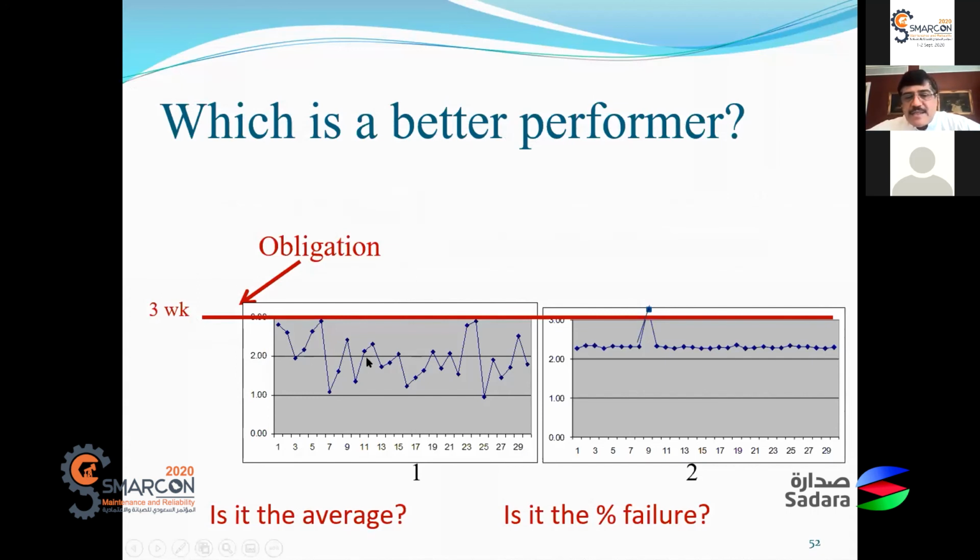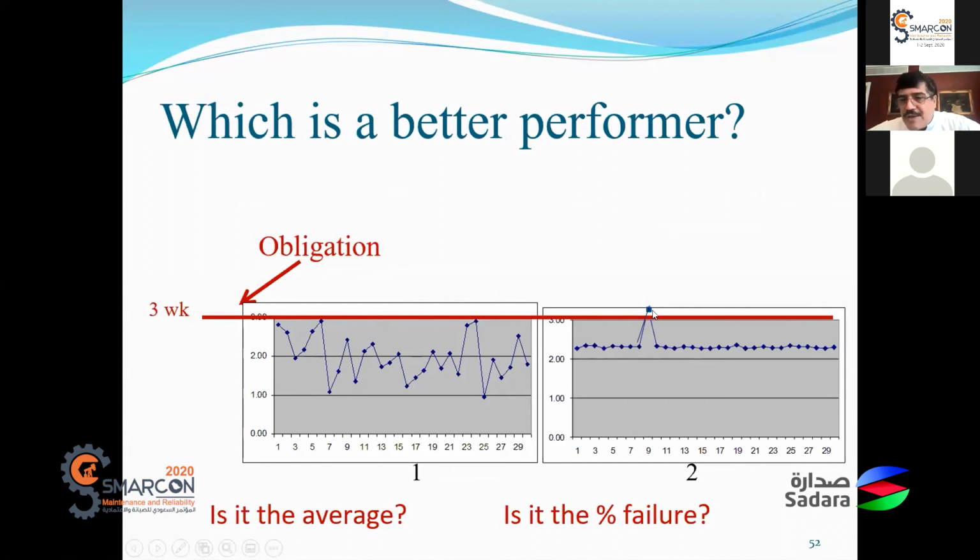This is team 1 and this is their performance, and this is team 2 and this is their performance. Team 1, on average, finishes in 2 weeks. This group, on average, takes longer to repair the equipment.